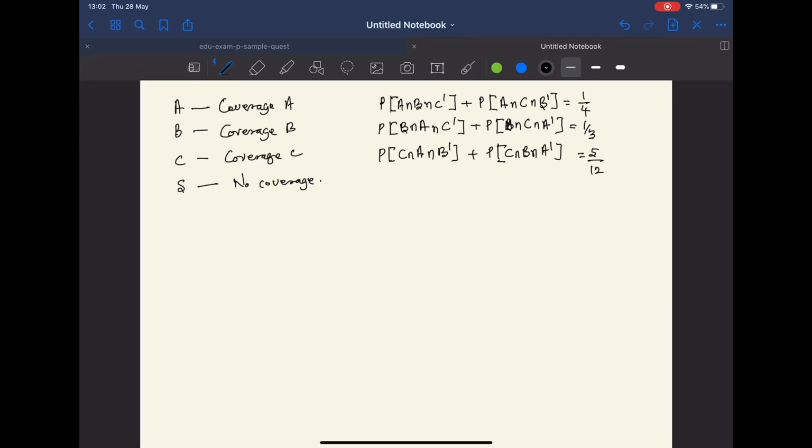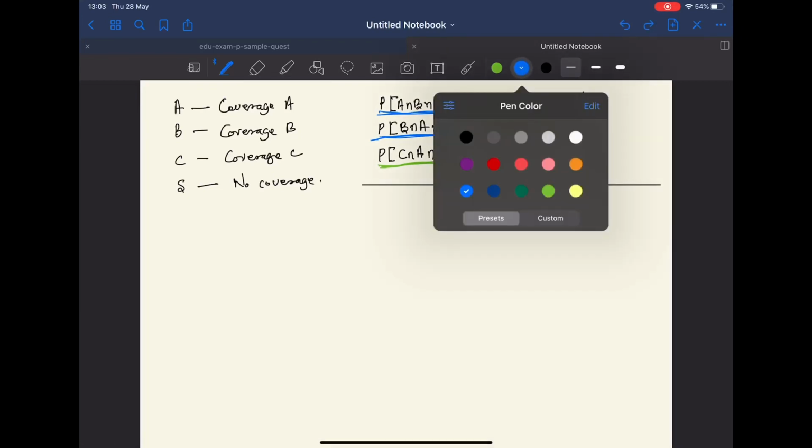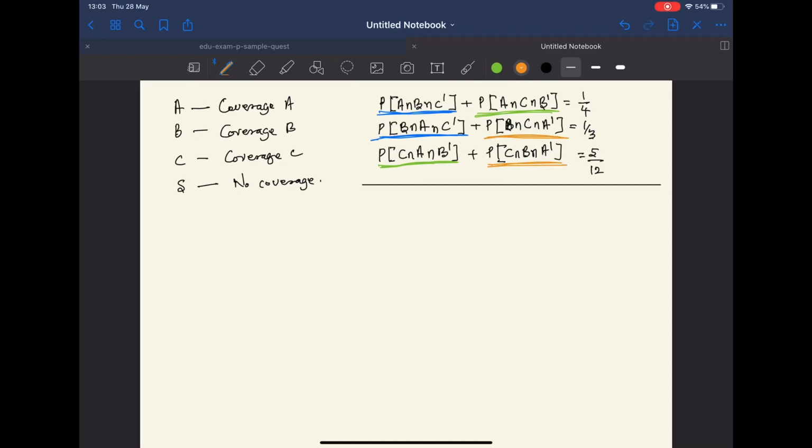When we sum these three items up, we notice that each probability appearing here is the same as the probability appearing elsewhere.